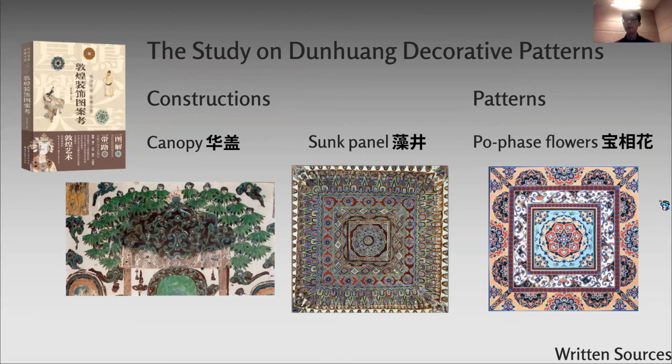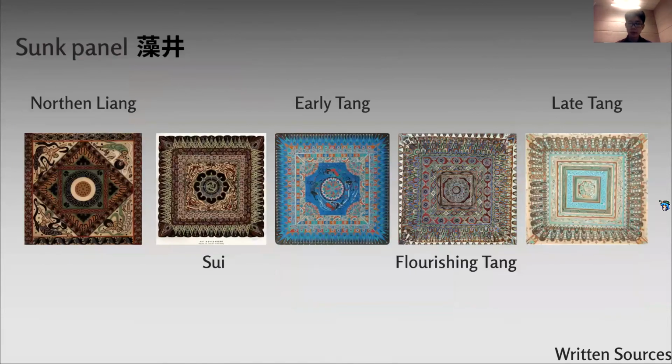For patterns, it talks about various patterns, and I chose one very symbolic one, the pole-face flowers. For each of these categories, taking sunk panel as an example, the author talks about its historical ages and the changes throughout the dynasties.